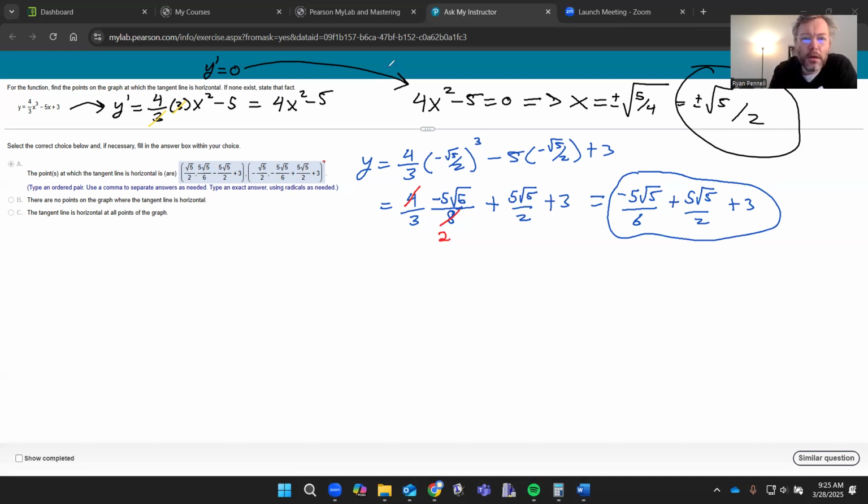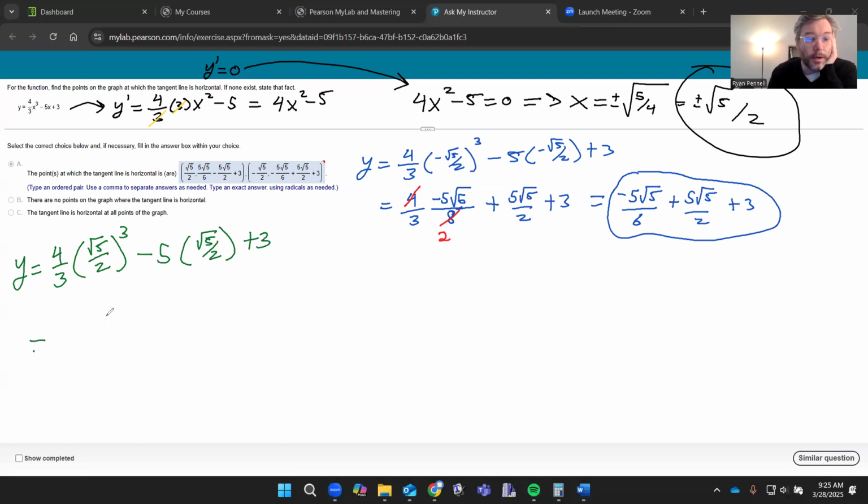Okay. Let's change colors and plug in the other one. Let's plug in the positive and see what happens. 4 thirds root 5 halves cubed minus 5 root 5 halves plus 3.